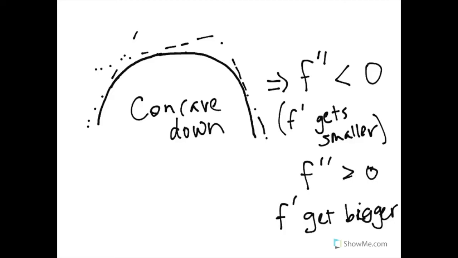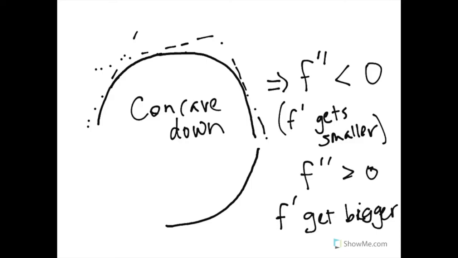Let's say you start out with a derivative that is equal to 0, so you have a horizontal tangent line. For f prime to get bigger, as you go from left to right, the slope of your tangent line gets more and more positive, higher and higher. So f is getting steeper and steeper in the positive direction, something like this.